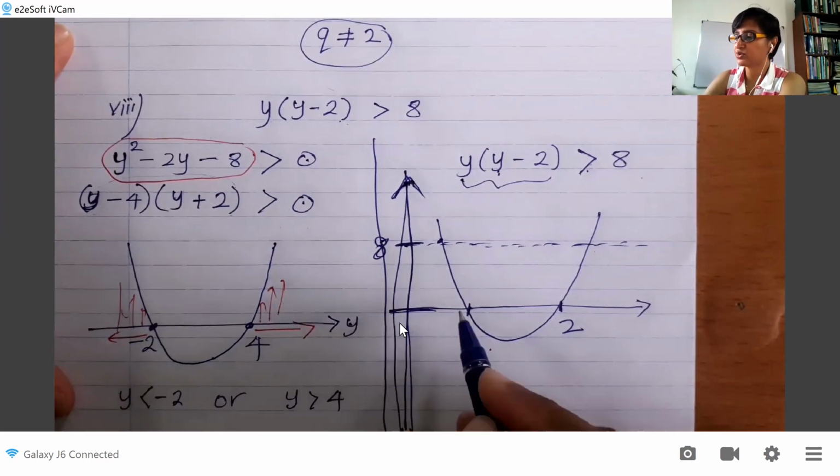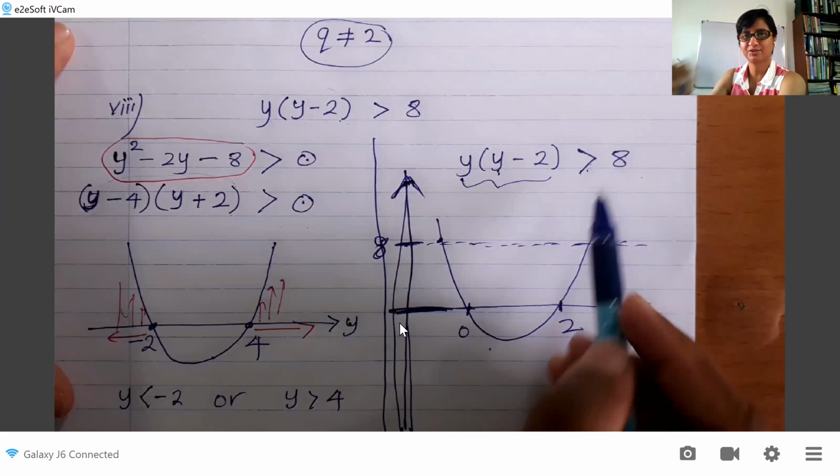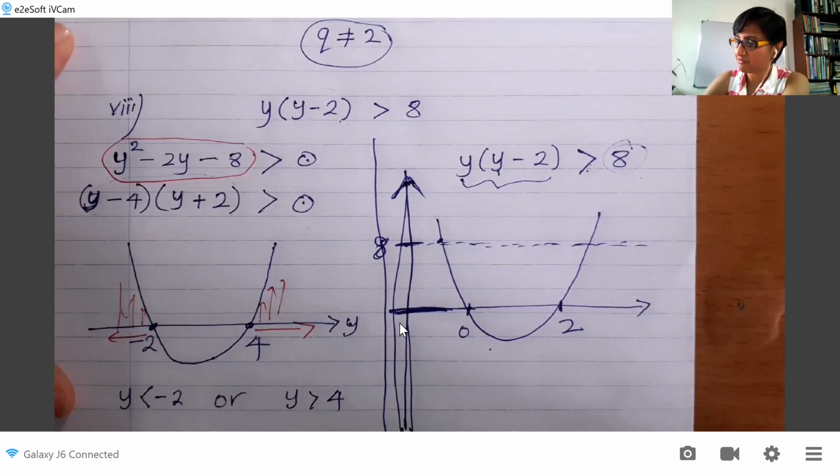When it is 0, you just take the x-axis, because that is the 0 line. Y is 0 on the x-axis. But now we have 8, so you think of the y equals 8 line, and where your parabola is above that line. Do you see that? But to answer that, you have to know these 2 points.